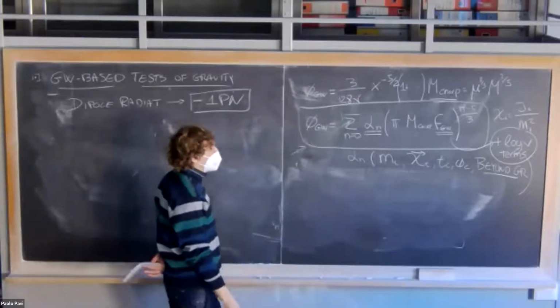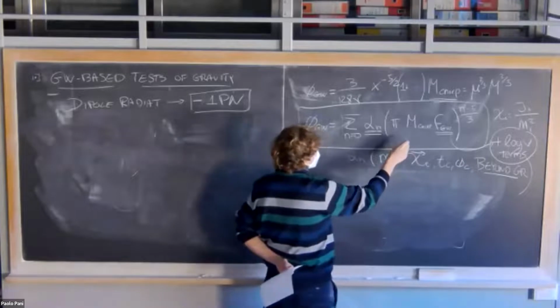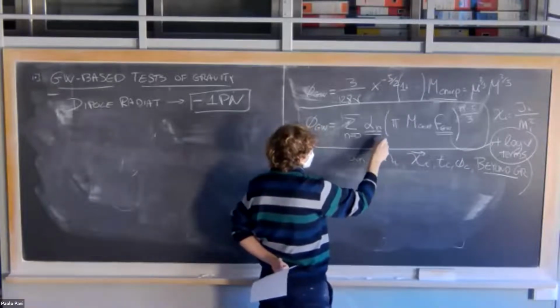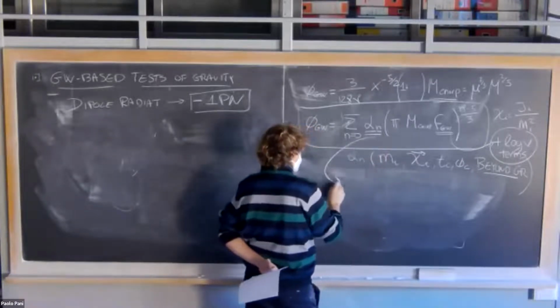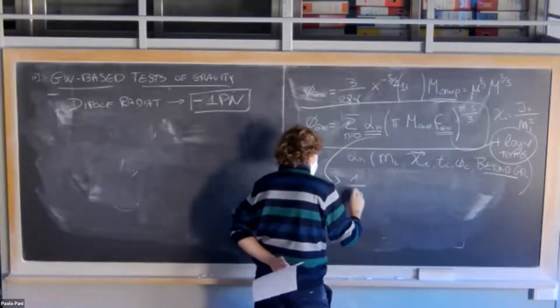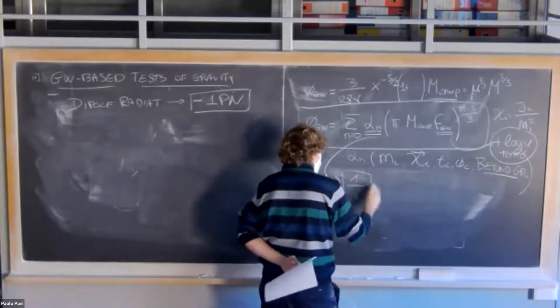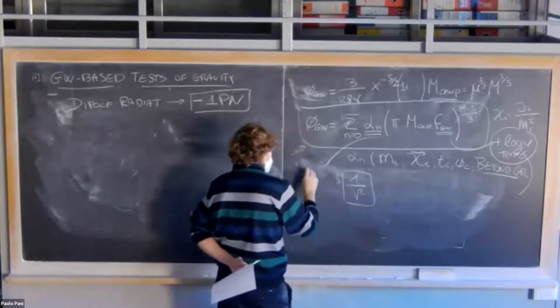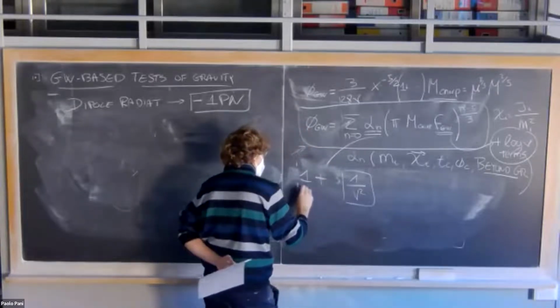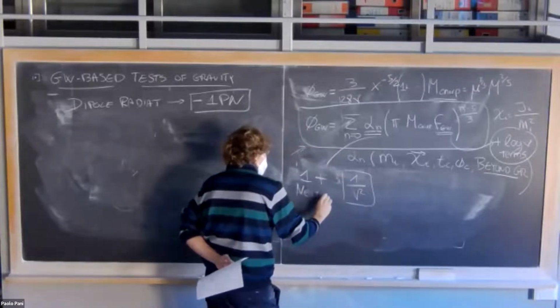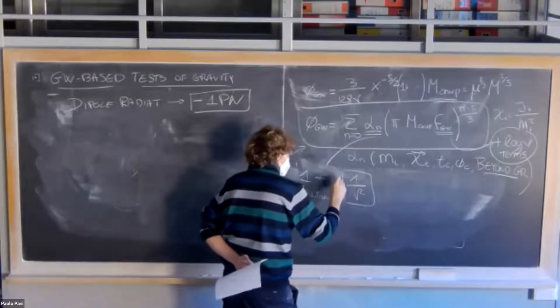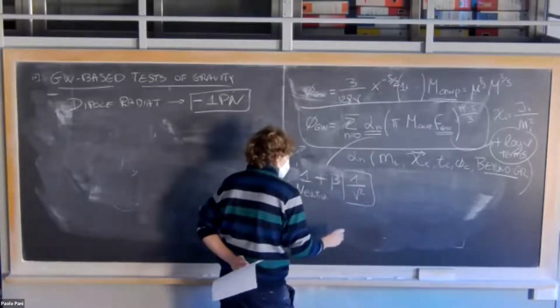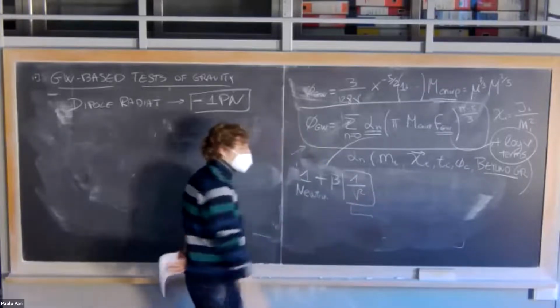What does this mean? It means that in this formula there is a term that goes like 1 over v squared. So there will be 1 plus, this is Newtonian, and then there is a term with some coefficient, let me call it beta, and this goes like 1 over v squared.